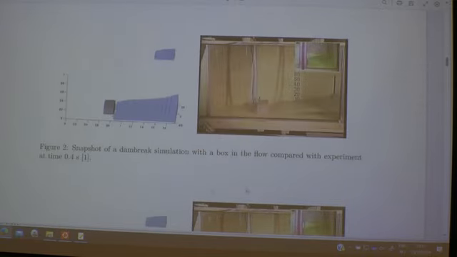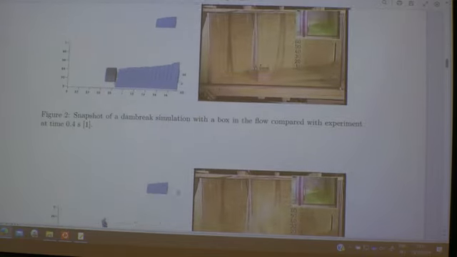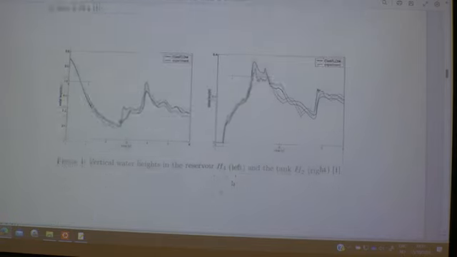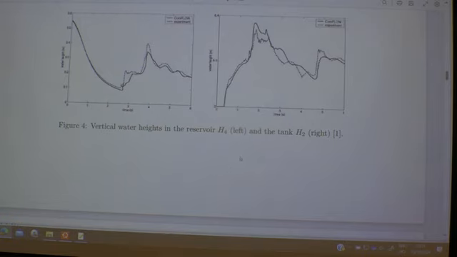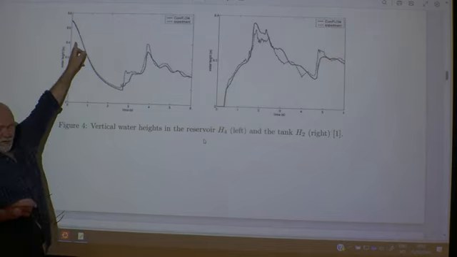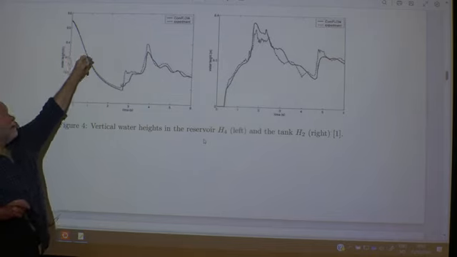And you have some images from the experiments and some results here. They have actually simulated this with a Fortran program, I think, and you see they have some not perfect match. Not strangely, maybe.